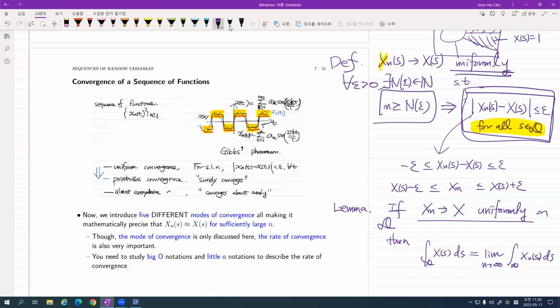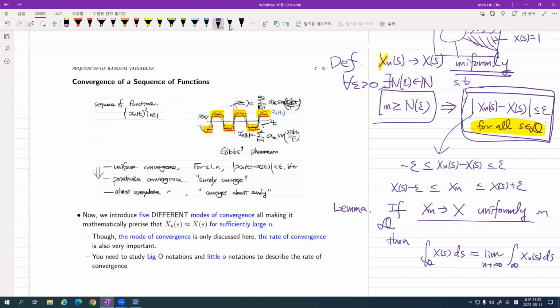You may say, let me replace this with the limit of x_n, but with the limit outside the integral. What does that mean? You change the order of two limit operations. So uniform convergence allows you to change the order of the limit.